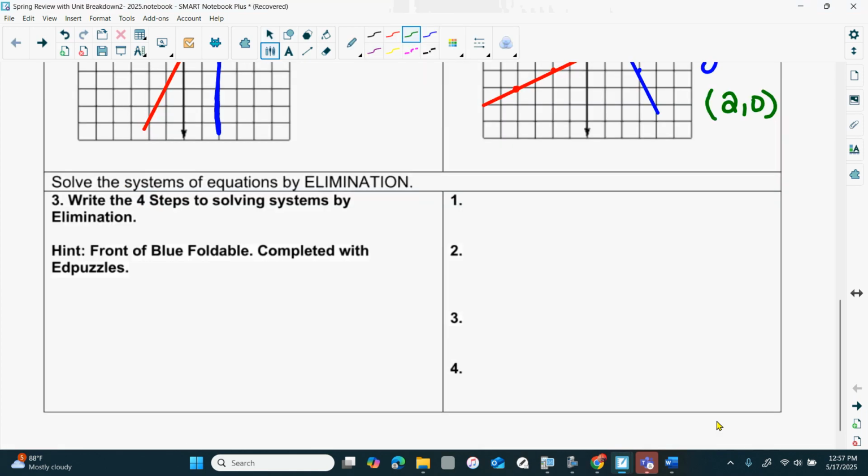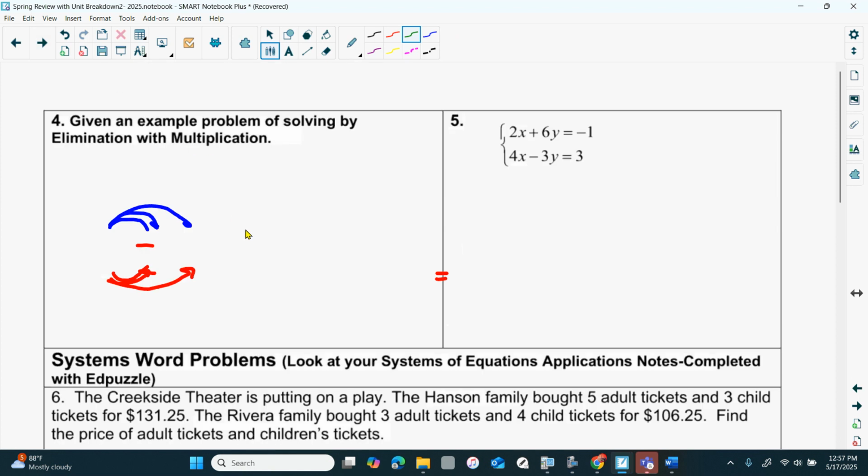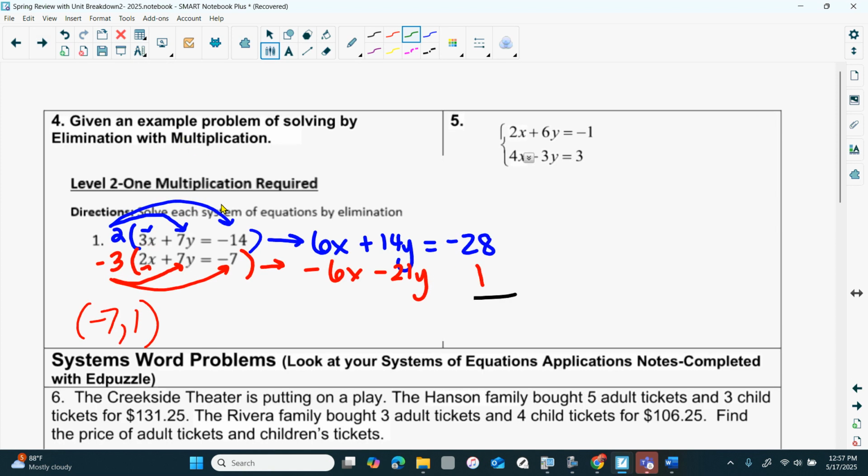Okay, so then it's going to ask you, if you go to the next page here, to give an example. This is an example in the foldable that you could use, and I didn't complete this example, because this should be when we multiply everything by 3. This should be 21 right here, sorry.